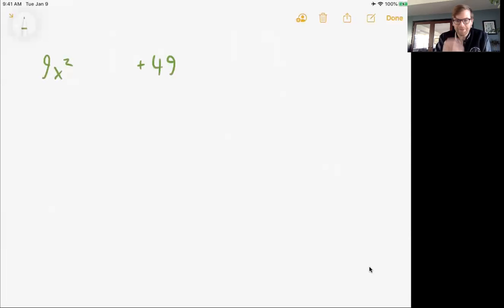And then I want the thing in the middle to be 2 times the square root of 9x squared, that's 3x, and the square root of 49, that's 7. So 3x times 7 is 21x. 2 times that is 42x. Okay, so 9x squared plus 42x plus 49. I just built you another example of perfect squares.